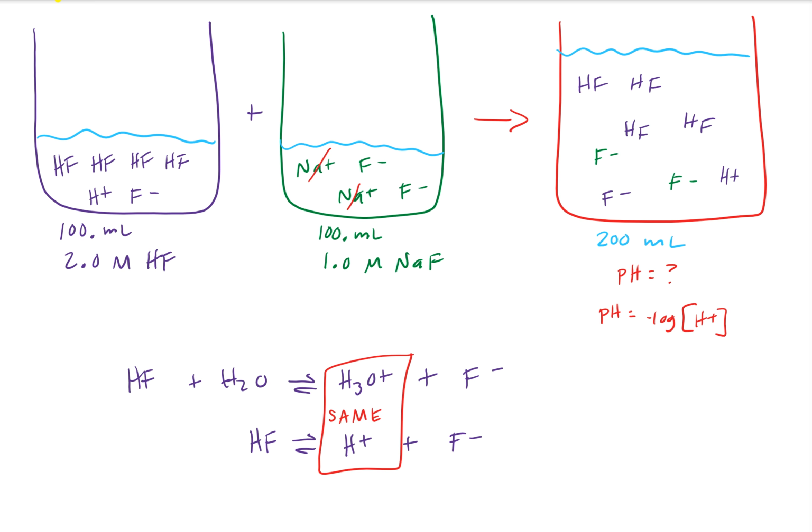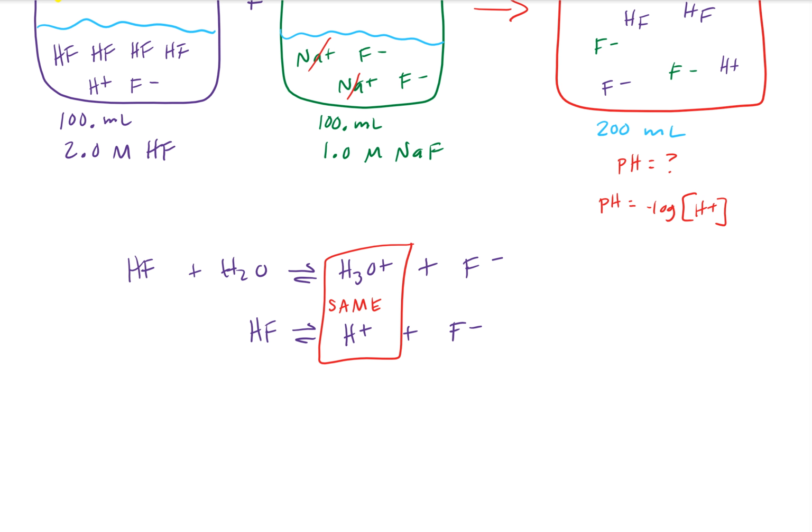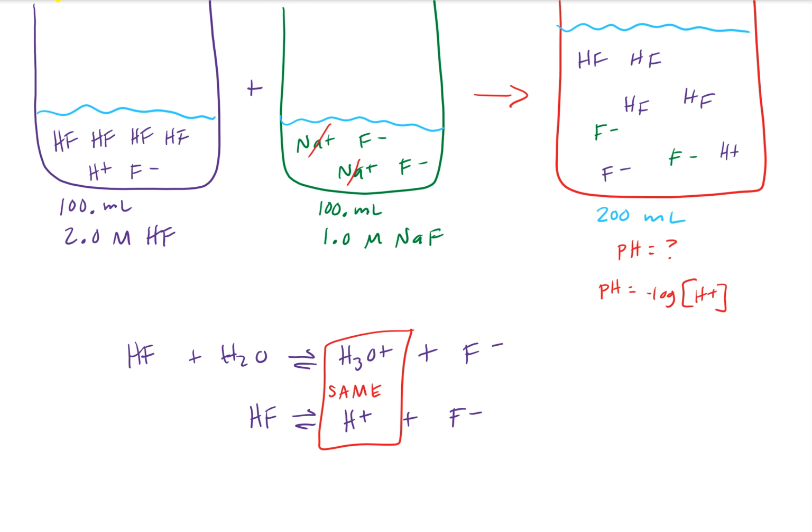However, what makes this problem a little bit more difficult is, not only do you have a concentration of HF, you also have a starting concentration of F- because of these green fluorides that came from the salt solution. So it's not going to just be X squared over your initial HF concentration. Rather, there is an initial concentration of the fluoride ions.